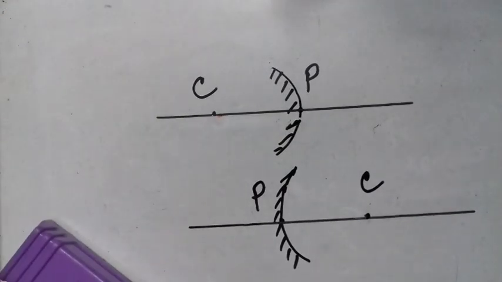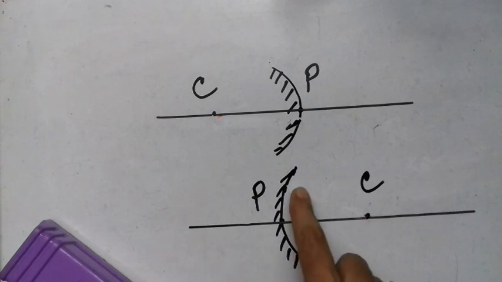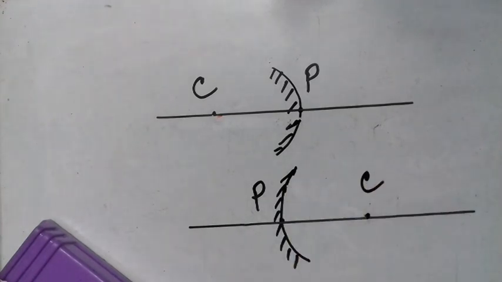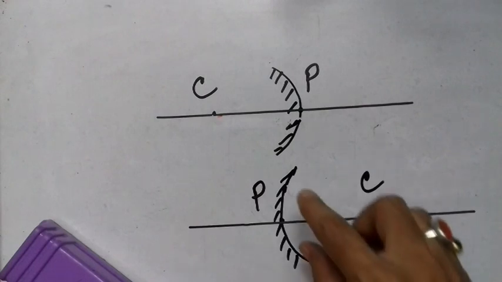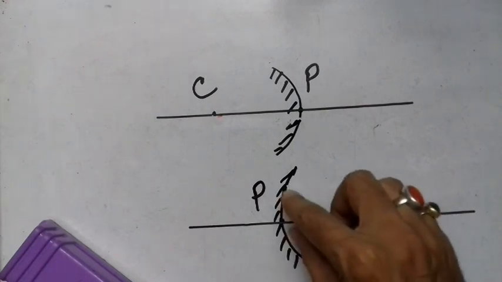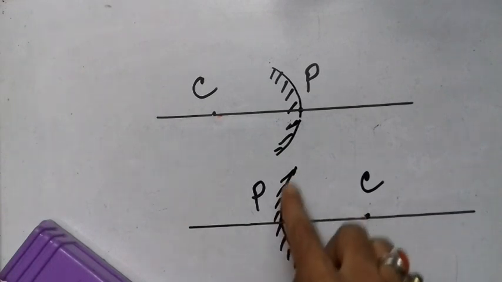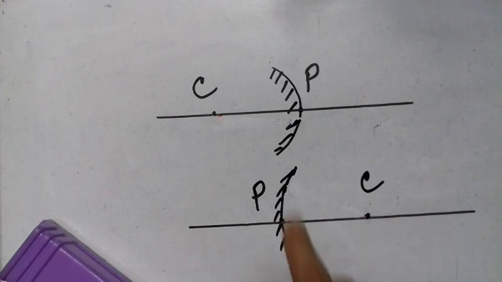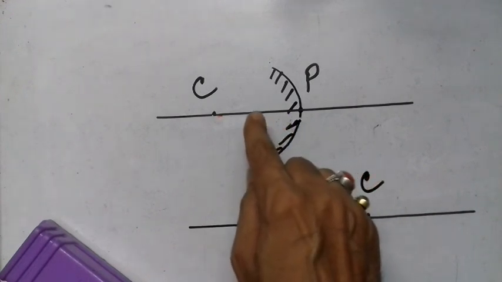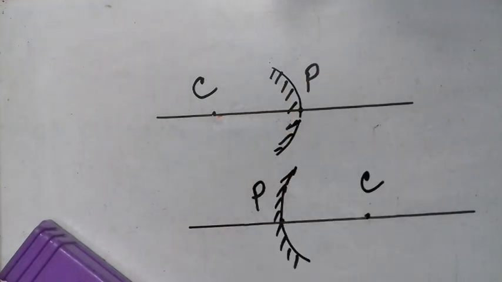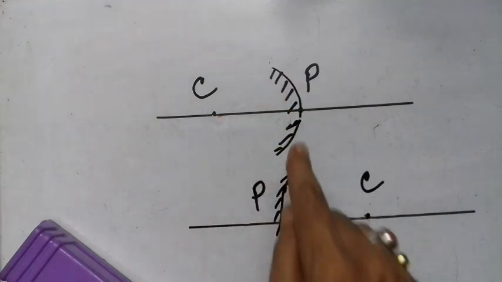It is observed that light rays parallel to the principal axis will meet at a point on the principal axis or appear to meet at a point on the principal axis. They meet on the principal axis at a point in case of a concave mirror, and they appear to emerge from a point on the principal axis in case of a convex mirror.